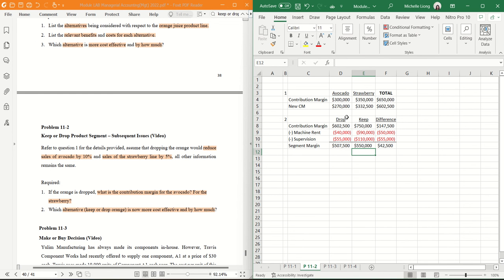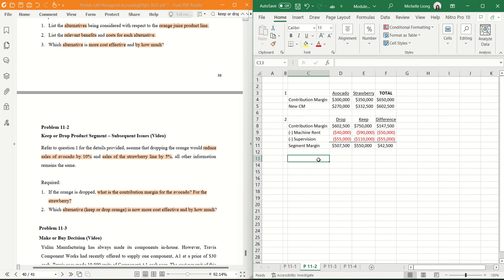If we drop it, our margin will be 507. Meanwhile, if we keep it, it's much more. So the difference is positive. So which alternative is more cost effective?